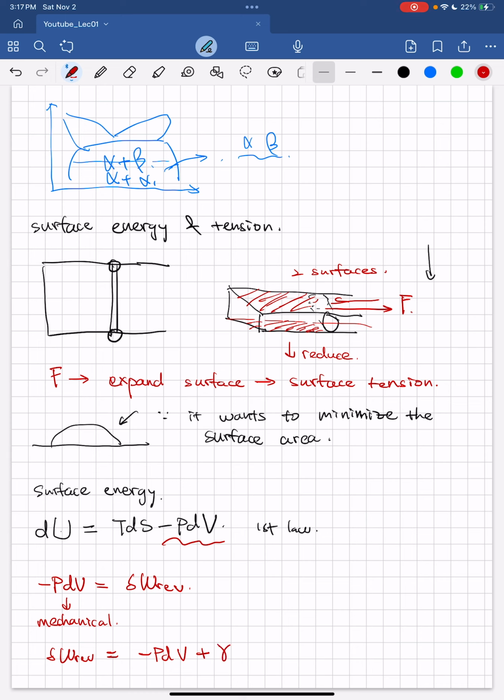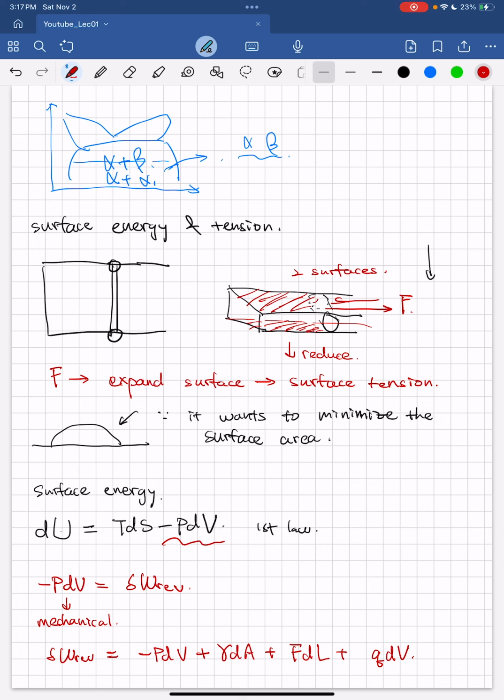And it can be many things, gamma dA, or many other different work, like let's say FdL, right? Or QdV, right? Many different work.